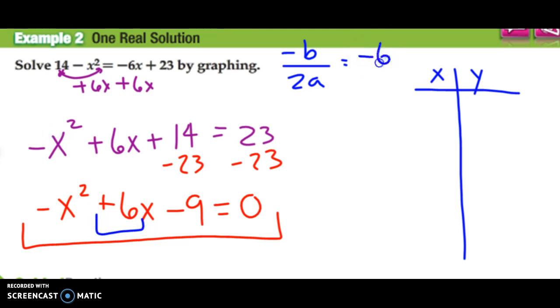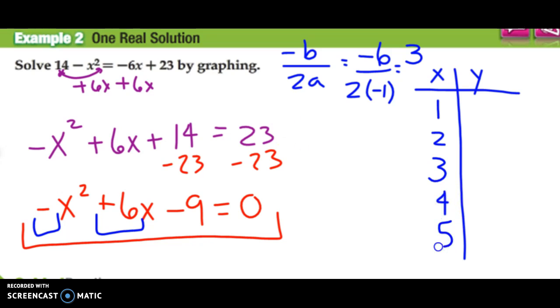So it would be negative 6 over 2 times, and then a is negative 1. So negative 6 divided by 2 times negative 1 is 3. So I get 3 right in the middle. Okay, so my 3 goes in here. And then I'm going to put 2 above it, so 2, 1. And then I put 2 below it.